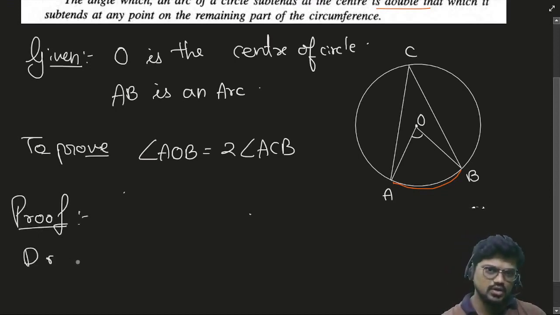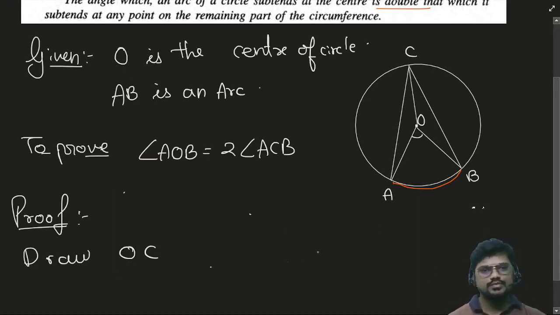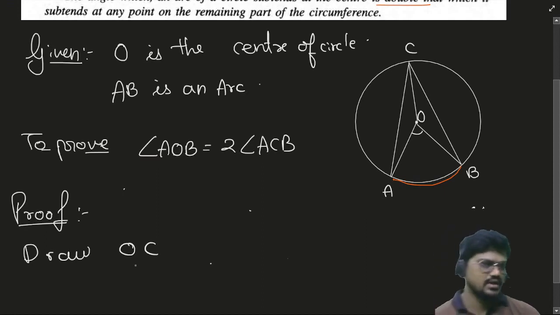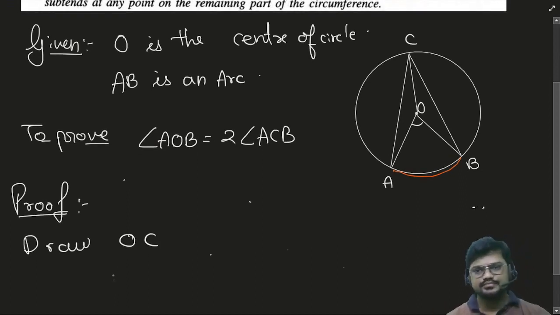First write: draw OC. Let's join OC. Now we need to prove that angle AOB is twice of angle ACB. Now let's take this diagram down.